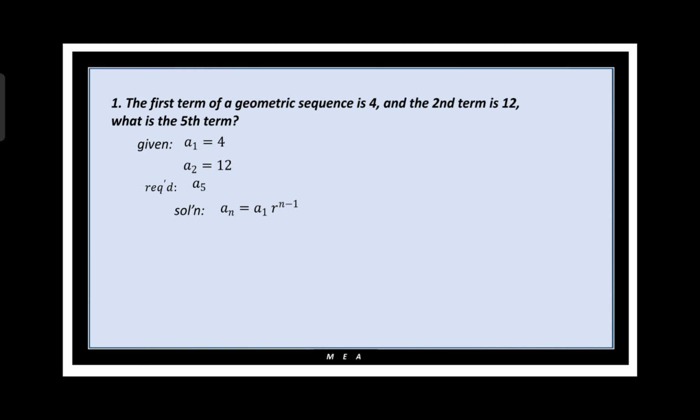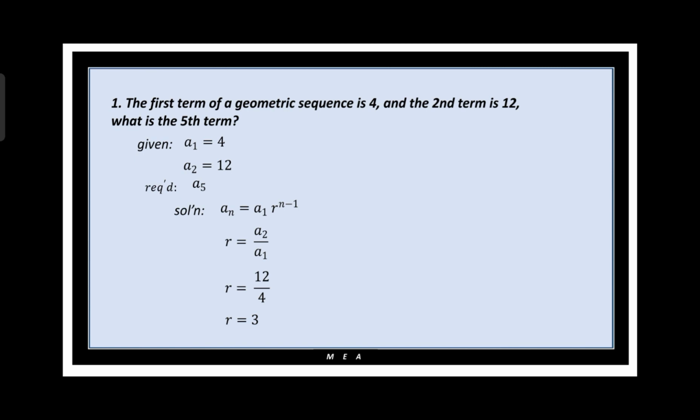Nakukuha natin yung common ratio by dividing consecutive terms. So, r is equal to the next term, yung a sub 2, divided by the previous term, yun yung ating a sub 1. Substitute natin yung given, we have r equals 12 divided by 4. So, yung common ratio natin now is equal to 3.